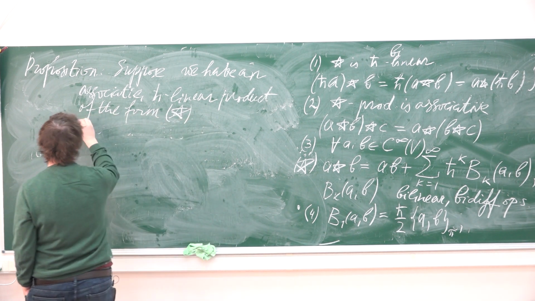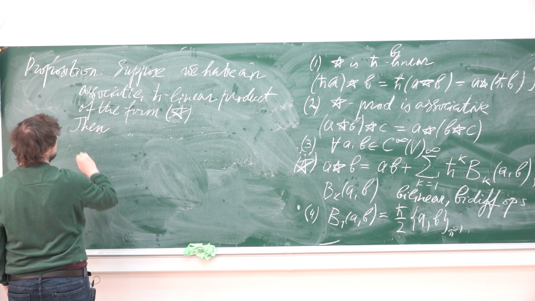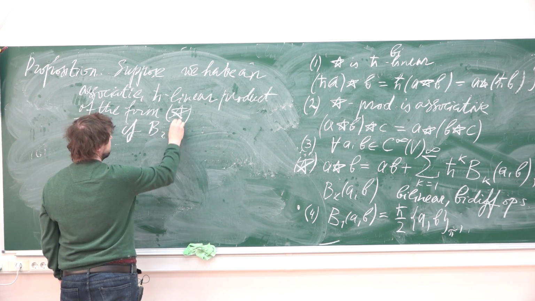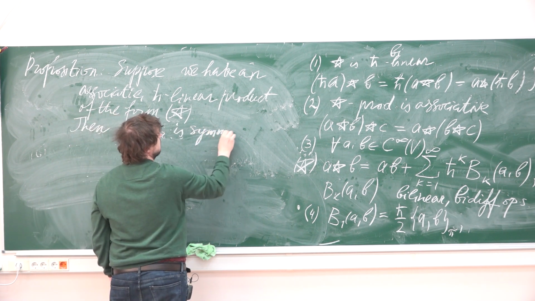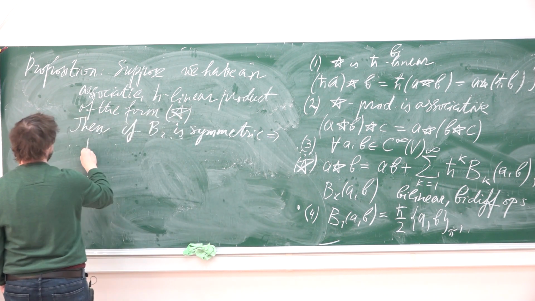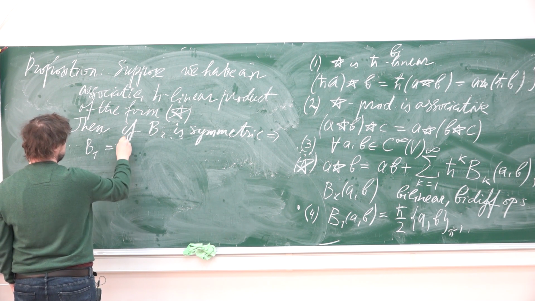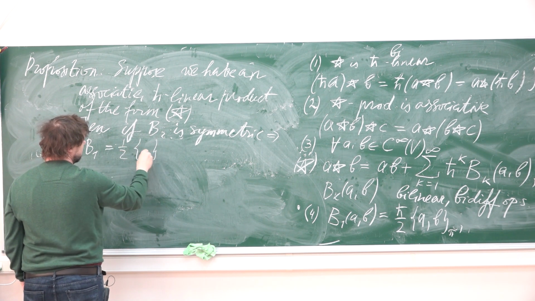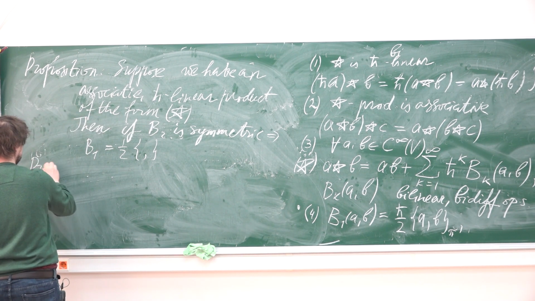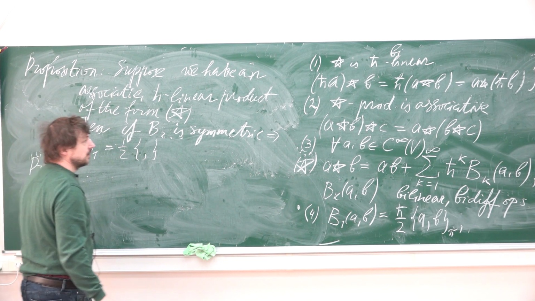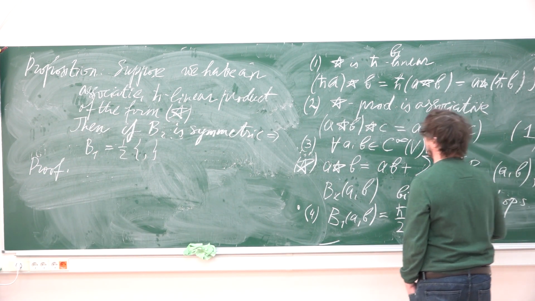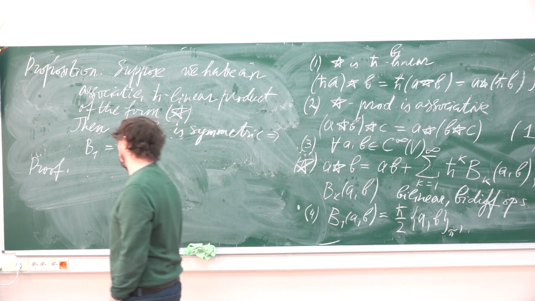Then if B2 is symmetric, then B1 is equal to 1/2 of a Poisson bracket, or some Poisson bracket. So here is the proof. The proof is very simple. We just consider this condition, condition number 1, and expand it in h-bar.